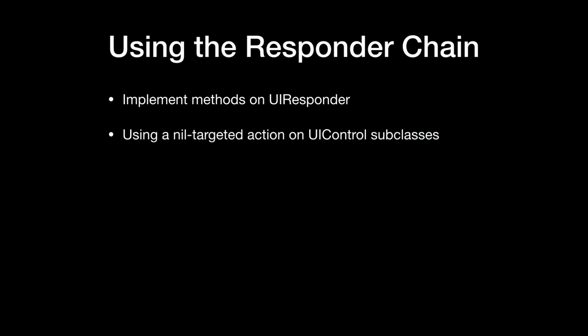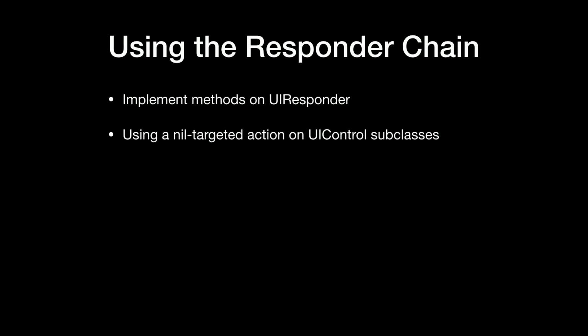So we saw that we implemented some methods on UIResponder, and now we're introducing a new thing called a nil-targeted action. When you assign an action with a target on UIControl, you can actually assign nil as a target. What that's doing is saying, on this button, touch up inside, we're going to send this message down the responder chain.